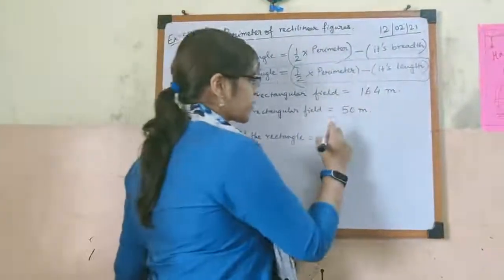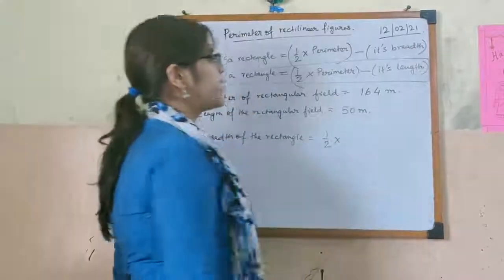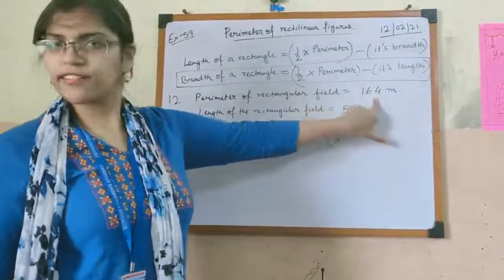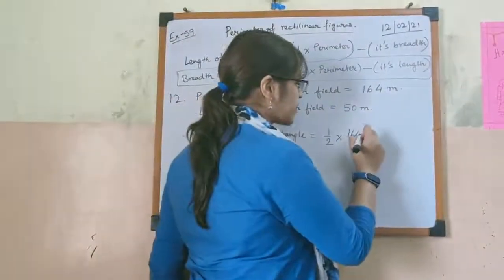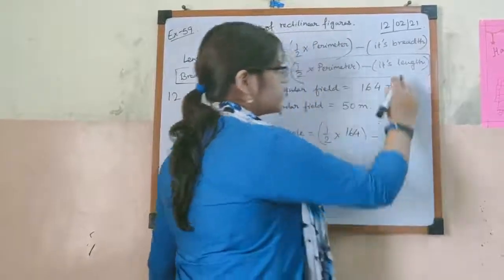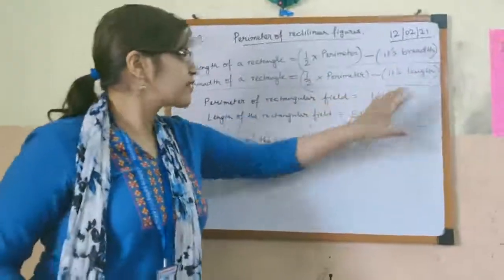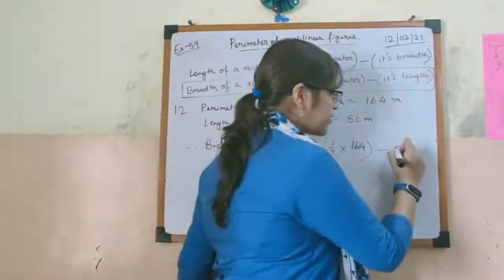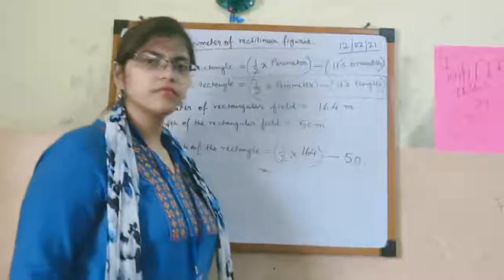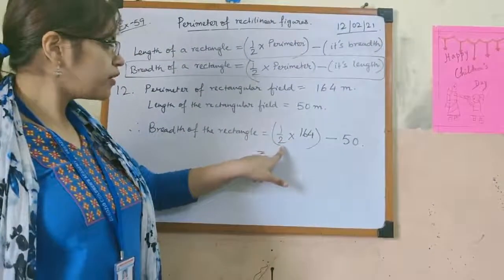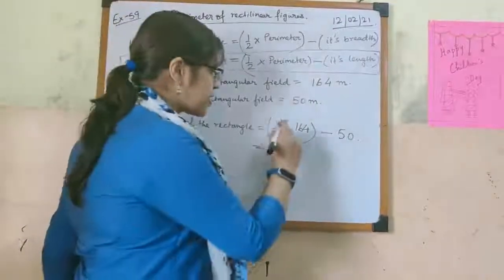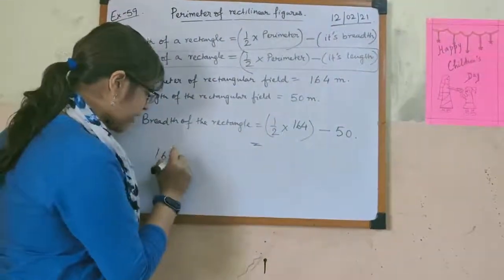Half multiplied with perimeter, which is 164. So half into 164, then minus its length. Length is given as 50. So minus 50.